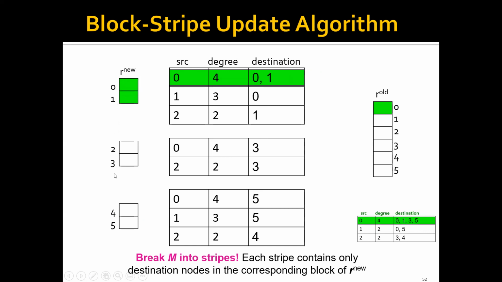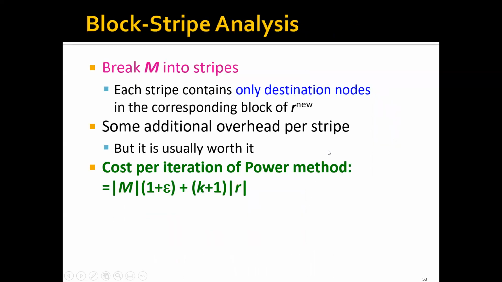Then we switch to the second block and only scan the second stripe, and then the third block with the third stripe. Overall, in this iteration, we only need to scan the whole matrix M once. And this saves a lot of I/O.